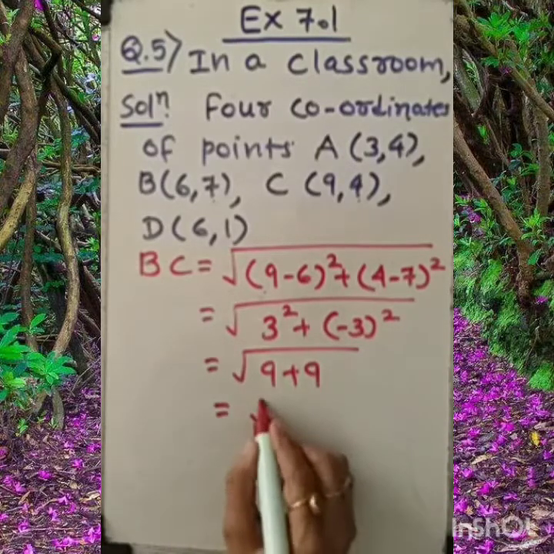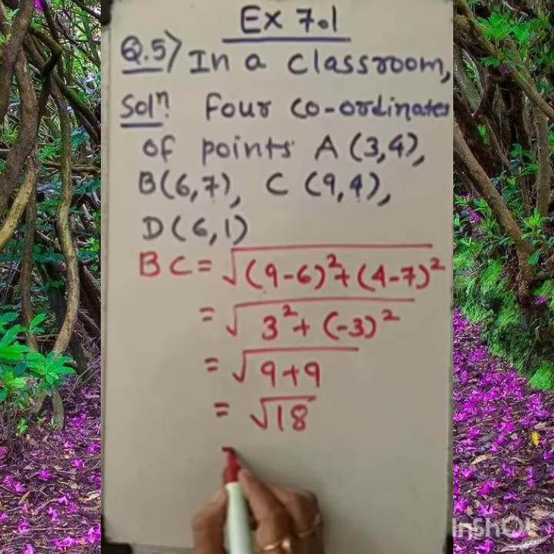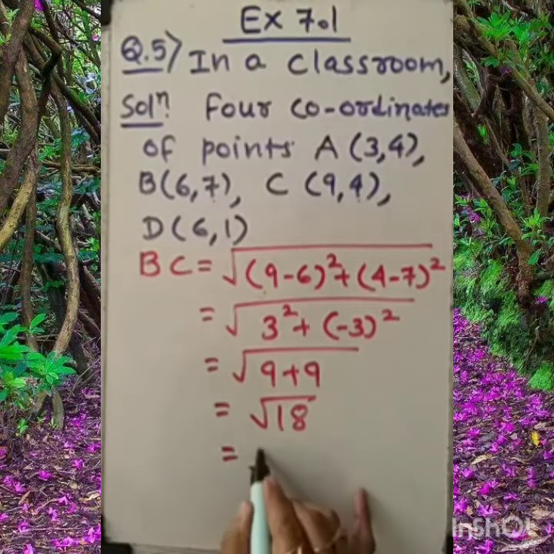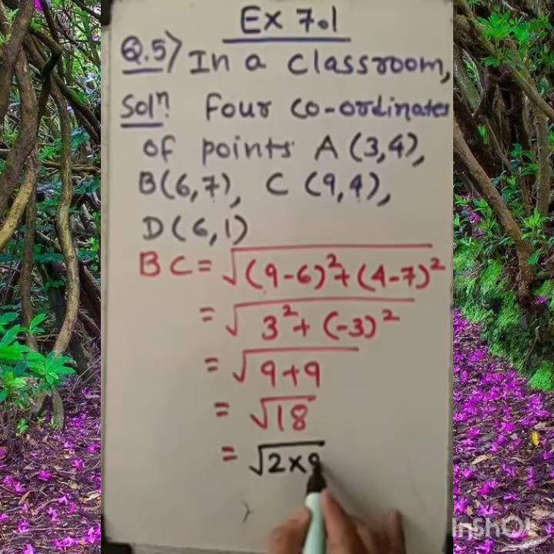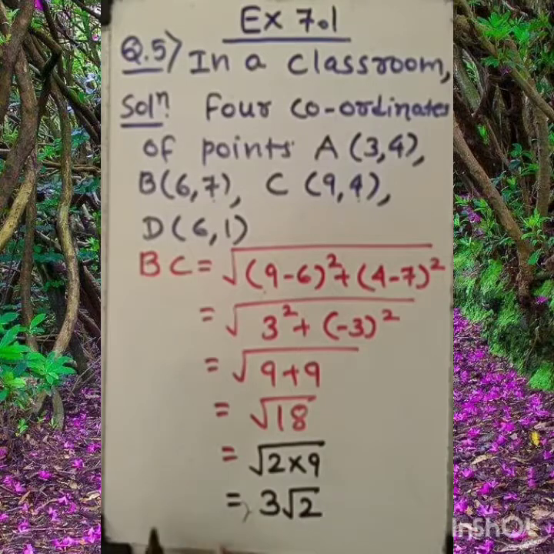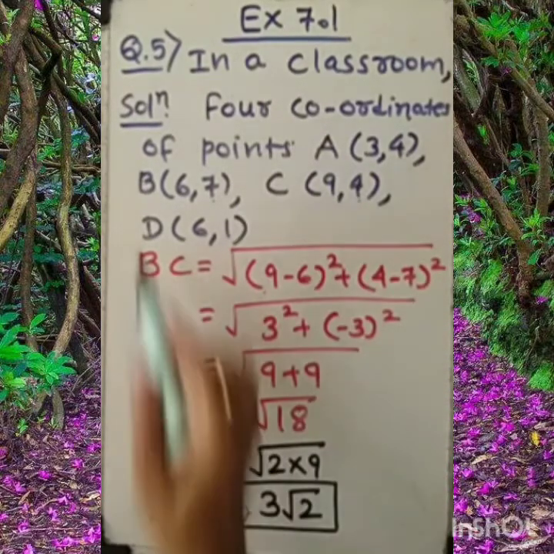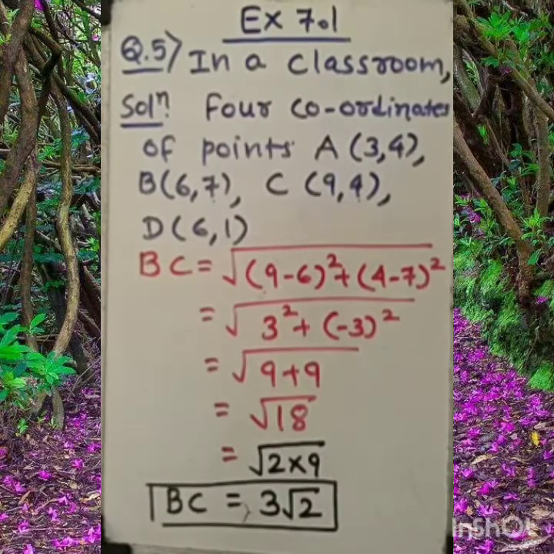So it is again under root 18, and the same procedure applies: 18 is 9 times 2, and 9 is a perfect square of 3, so it is 3 root 2. So BC is 3 root 2, equal to AB. But let's move on to the next side, CD.